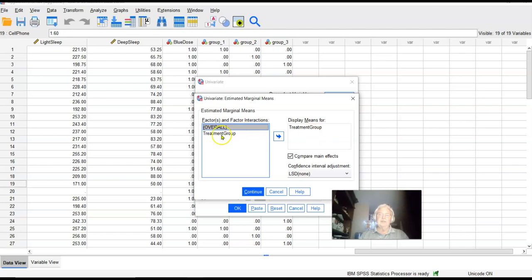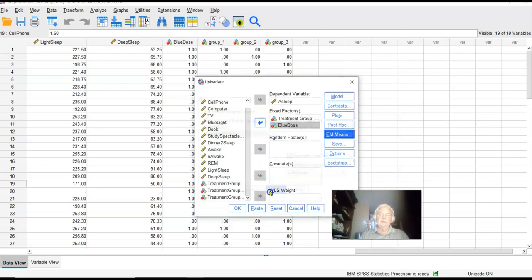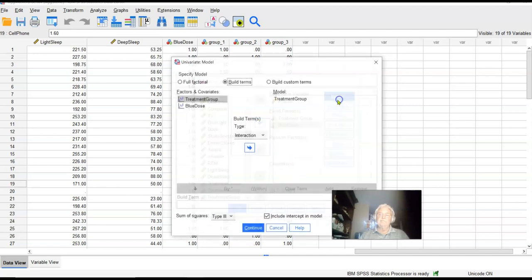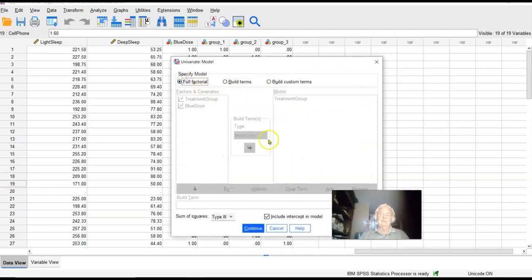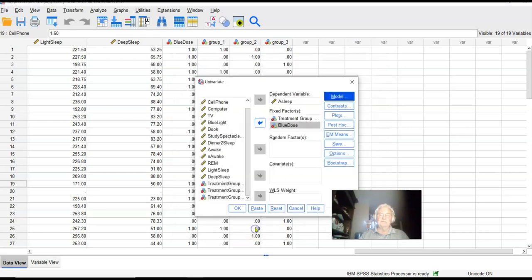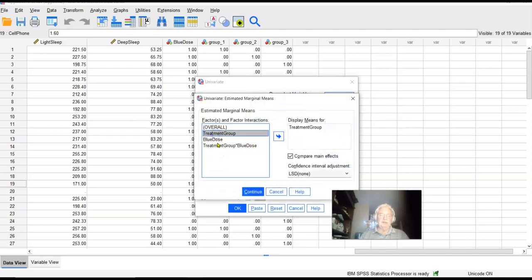For the expected means, wait a minute, cancel. Let's go to our model, full model, instead of our customized model. And then we're going to look at our expected means. We're going to go down here, and it's going to give us treatment, blue dose, and the treatment by blue dose interaction term.